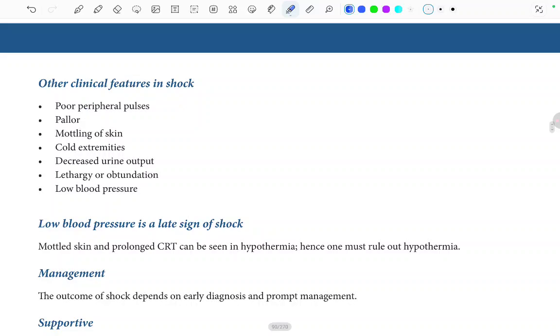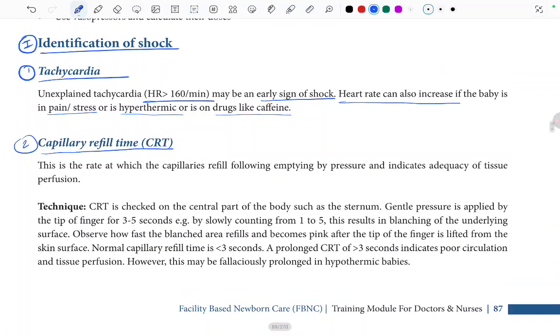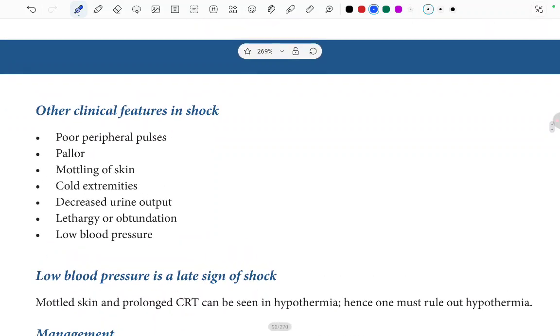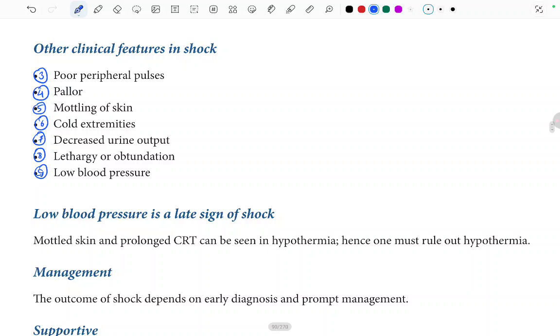Now, let's see the other clinical features: poor peripheral pulses, pallor, mottling of skin, cold extremities, decreased urine output, lethargy, and low blood pressure. These are the other clinical features in shock.